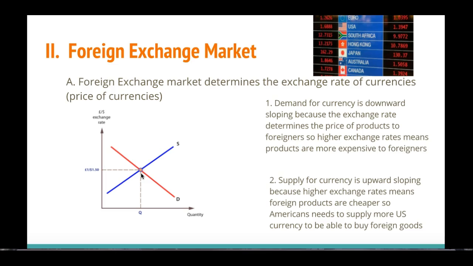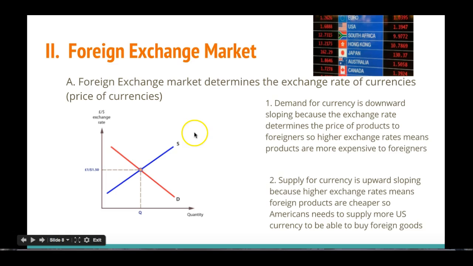In this case, the demand curve is downward sloping because as the exchange rate goes up, it becomes more expensive for Europeans to come over to the United States and buy products, because it's going to take them many more euros to get 1 US dollar, right? As a result, it's going to be much more expensive, and so they're not going to demand very many US dollars when the exchange rate is higher.